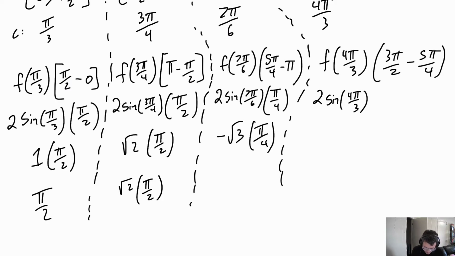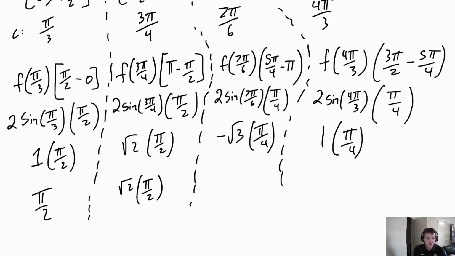And we multiply by 3 pi over 2 minus 5 pi over 4. That's going to be pi over 4. 2 times sine of 4 pi over 3. The sine of 4 pi over 3 is 1/2. So we multiply by 2, we get 1 times pi over 4.